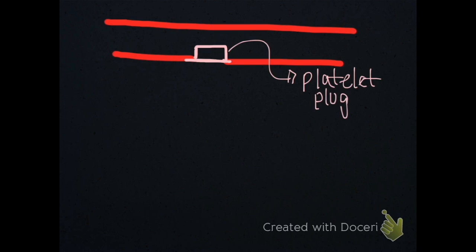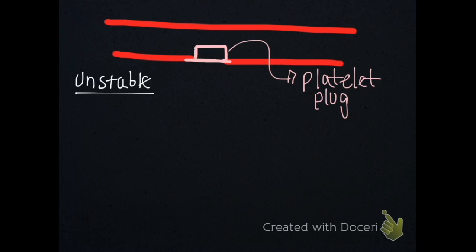Steps of vessel injury, vasoconstriction, followed by platelet activation steps, aggregation steps, the platelets adhering to a damaged vessel wall and then further aggregating to one another. All of those steps have led to us forming the platelet plug, which is part of the primary hemostatic process.